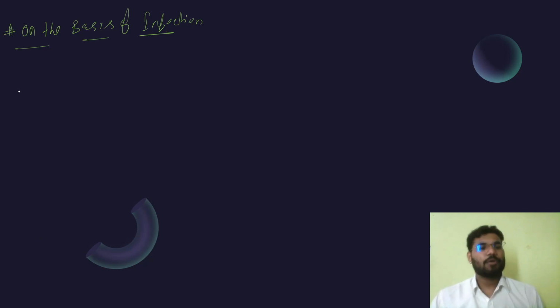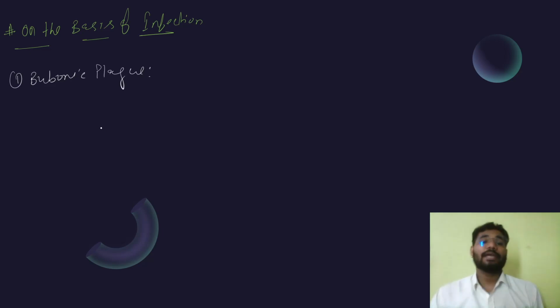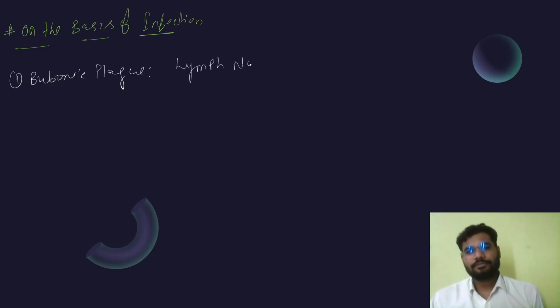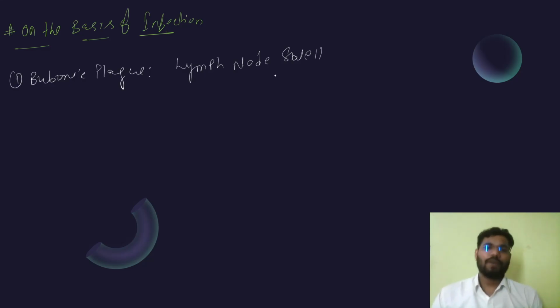So it can be a bubonic plague. First we can have bubonic plague. Now what is the meaning of bubonic plague? In bubonic plague, basically the lymph nodes swell. We know that lymph nodes are present all over our body.